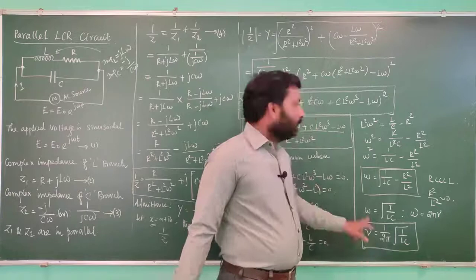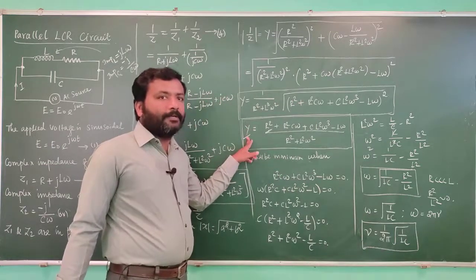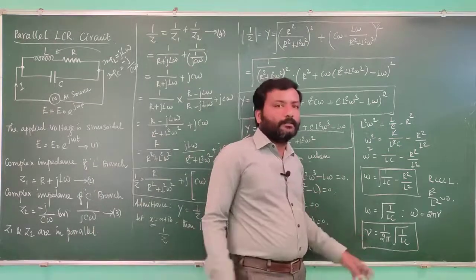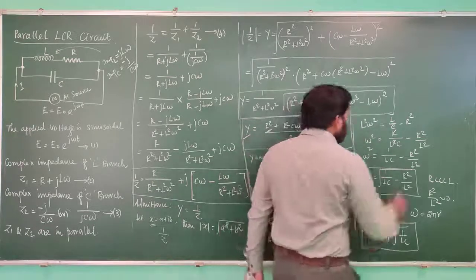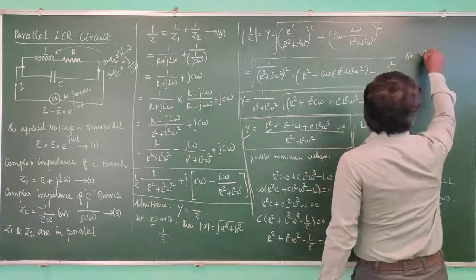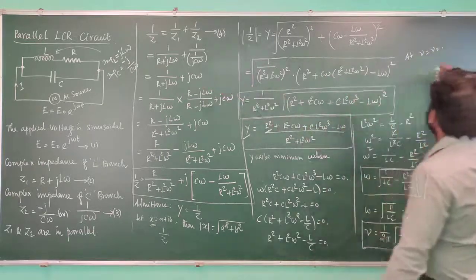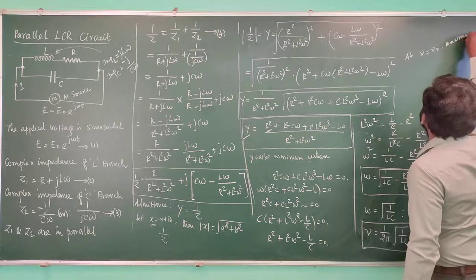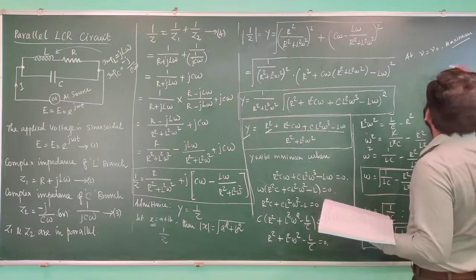At minimum admittance, when nu equals nu naught, that is at resonance, the circuit will exhibit maximum impedance.